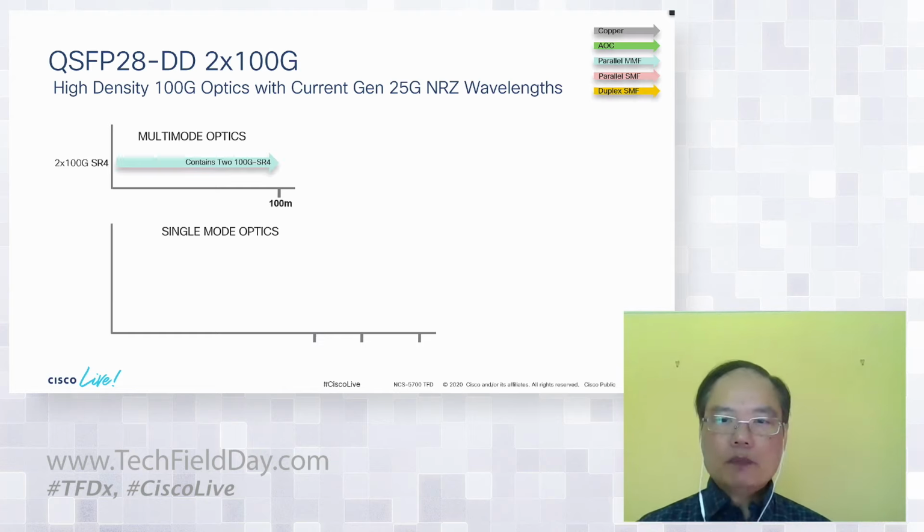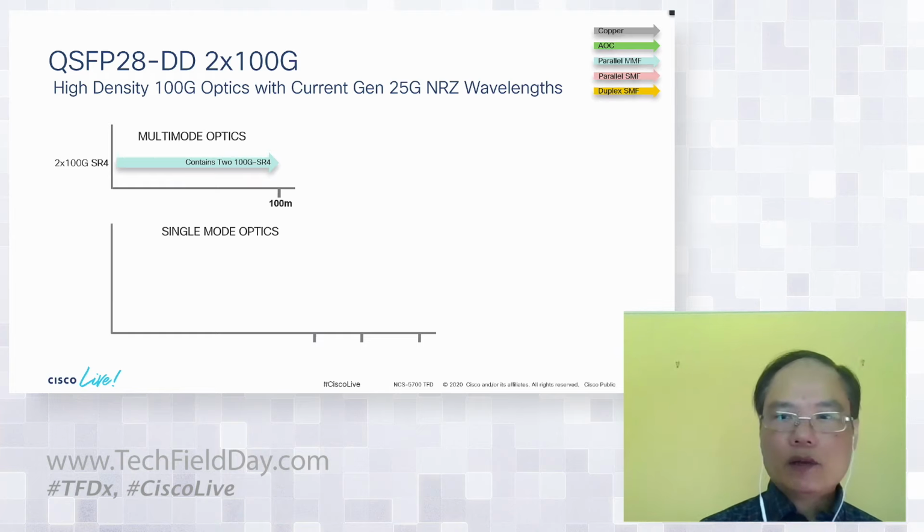For multimode up to 100 meters, we have the 2 by 100 gig SR4, which contains 2 instances of 100 gig SR4 optics in a single QSFP-DD form factor.